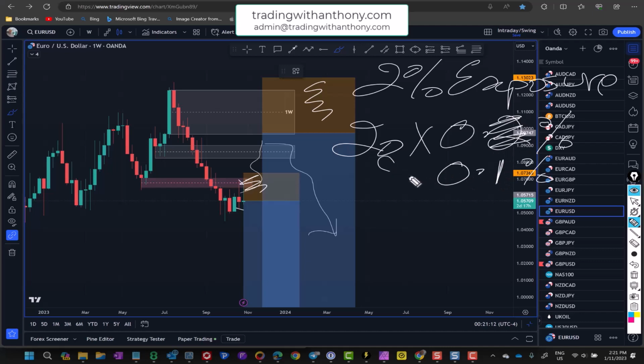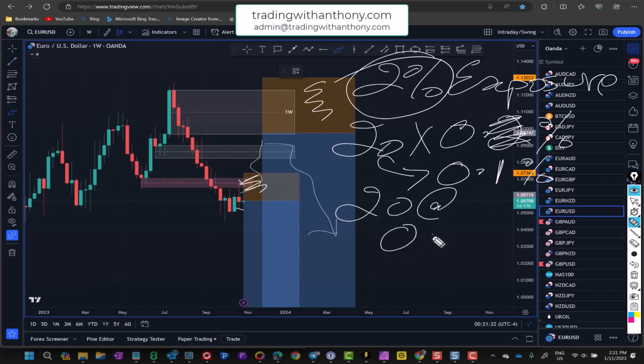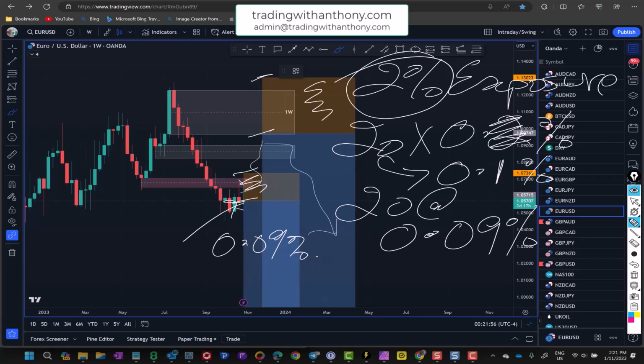So 20 times 0.1 will give you a 2% risk. Let's just refine this a little bit more. 20 trades at 0.09%. So each one of these you open is 0.09%, and whatever that range is, it's consistent at 0.09% of your account at risk on each trade.